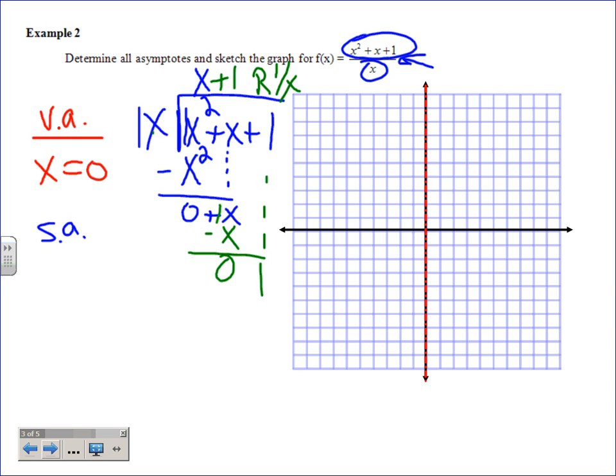Here's the beauty of this. Make x really, really big. And if I put a really big number in there, it's 1 over something huge, correct? So that remainder is 1 over something really big, which is something really small. So here's something you're going to hear as math goes on.